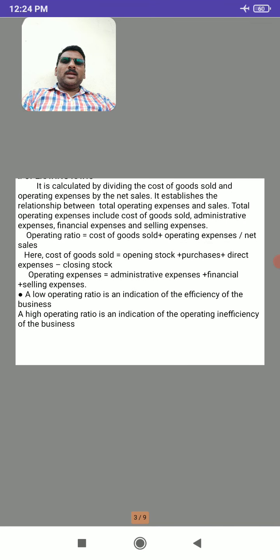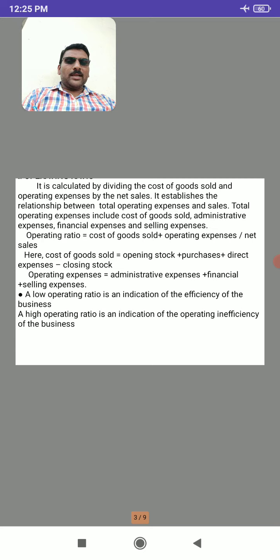Now here we will study the operating ratio. How is the operating ratio calculated? The operating ratio is calculated by dividing the cost of goods sold and operating expenses by net sales. Here we have to be careful.